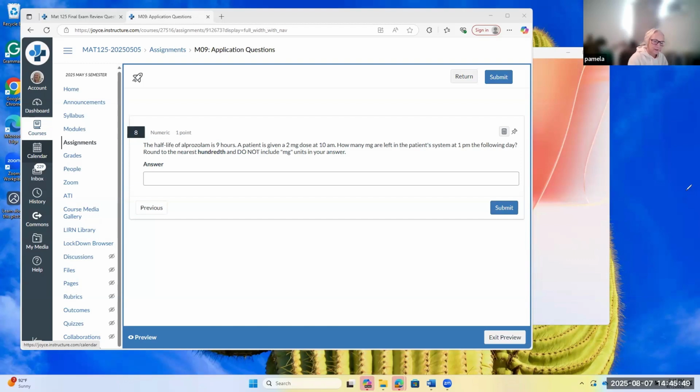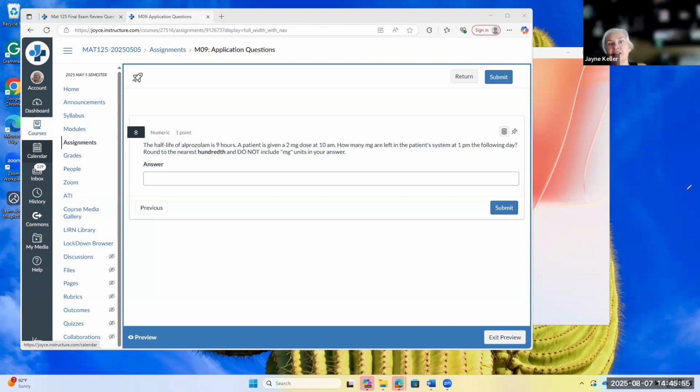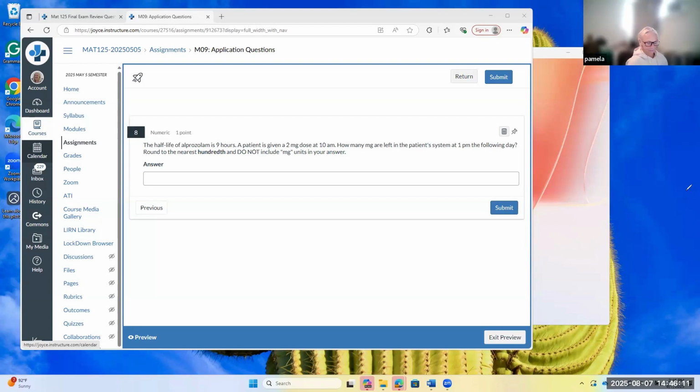Will you post this? Yes. As soon as I stop this, I'll have to wait for it to finish processing, but I'll start working on that. As soon as it's all processed and ready to go, I'll put it up. I can't remember, are you in my section? No, I'm in Dr. Vakil's. Oh, it doesn't matter though, because you know how to get to the YouTube, right?